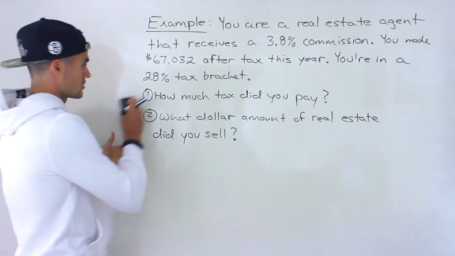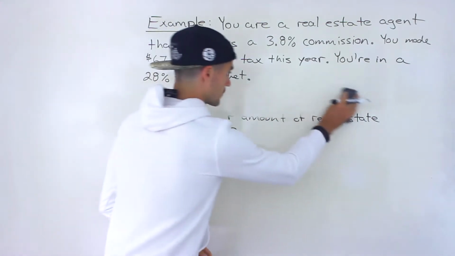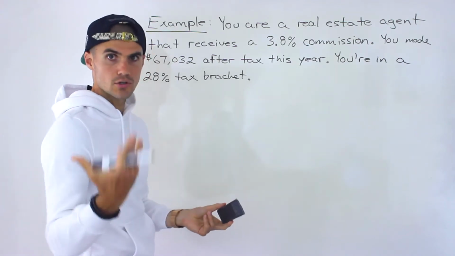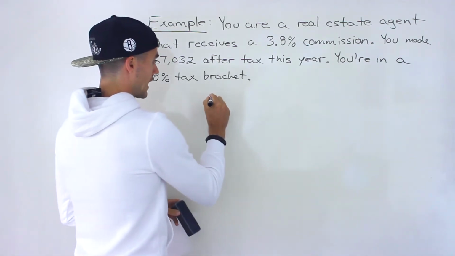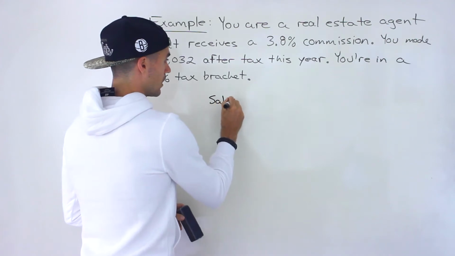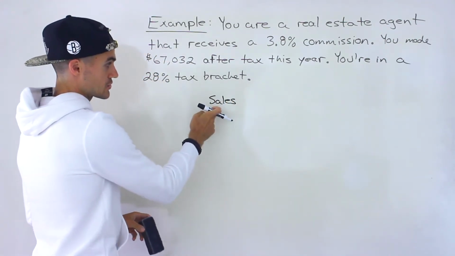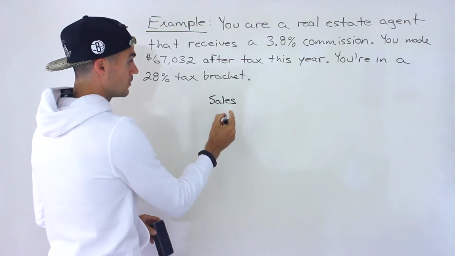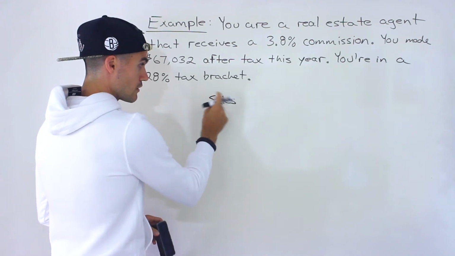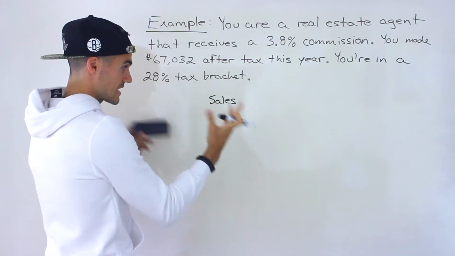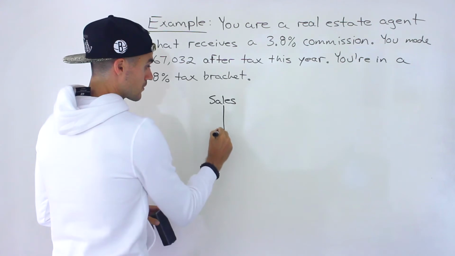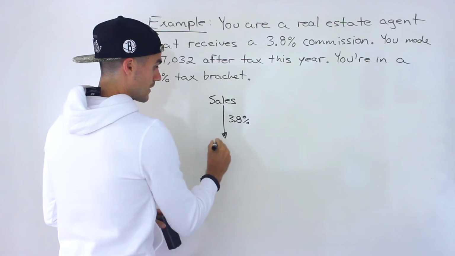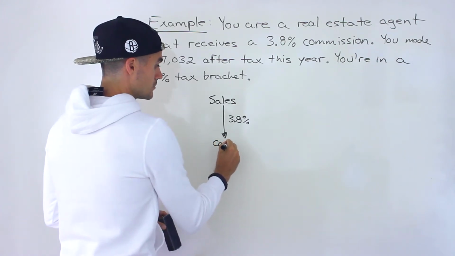Now, just to show you what's going on here from a higher level, before we get into the numbers, you're selling real estate, so you're going to have some dollar amount of sales. This is actually the second question that we're going to be solving. We have to figure this amount out. From the total amount of sales you make in dollar terms, 3.8% of that you receive as a commission.